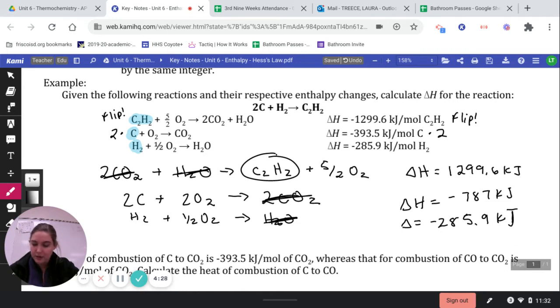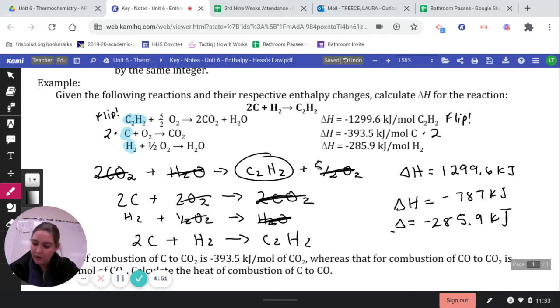I have 2 O2. That's basically 2.5, right? 2 O2 here, 1/2 O2 here, so those will all cancel out. I don't have carbon anywhere else. I don't have hydrogen anywhere else, so I can write out my equation. I'll get 2 carbon plus hydrogen yields C2H2. That does match our overall equation, so it looks like we're good to go.